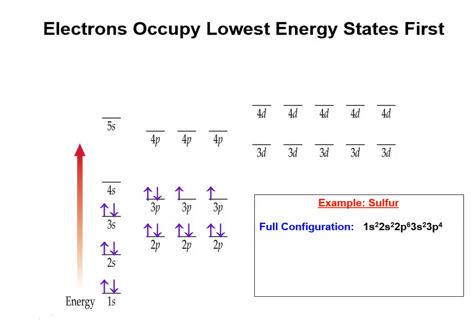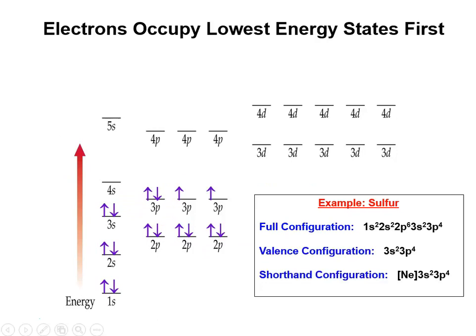And some of that is due to the fact that the d orbitals of the third shell lie energetically between those spherical s orbitals of the fourth shell and the p orbitals of the fourth. And that's due to their shape.